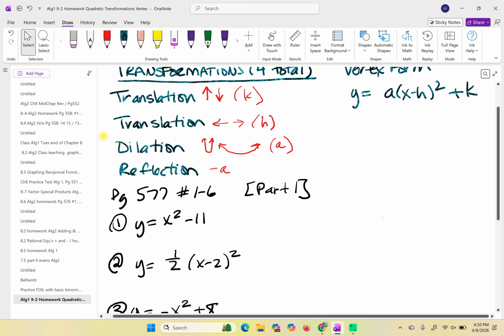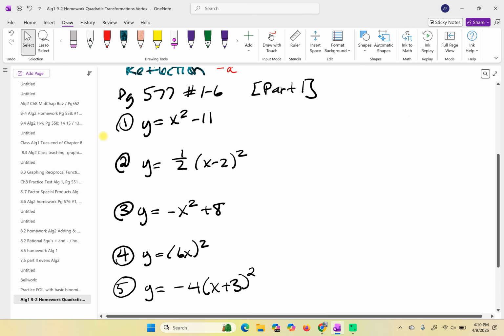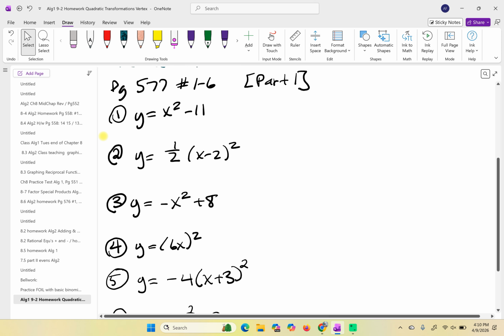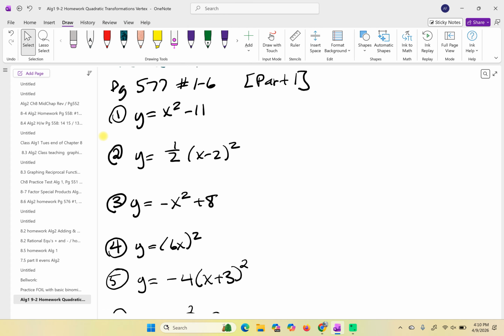So in our first part of the homework on page 577, number 1 through 6, we are to identify the transformations present in the equation. For number 1, we have negative 11. You can abbreviate as well. This is a translation down 11 units.